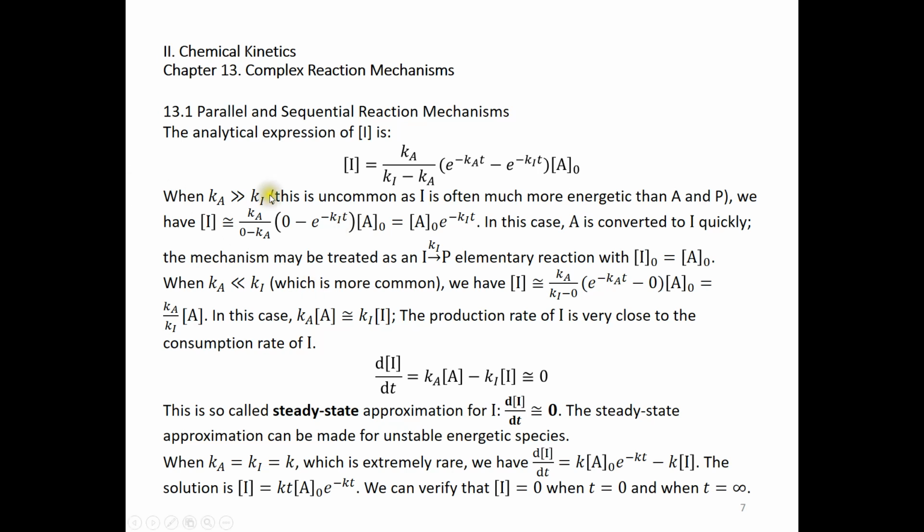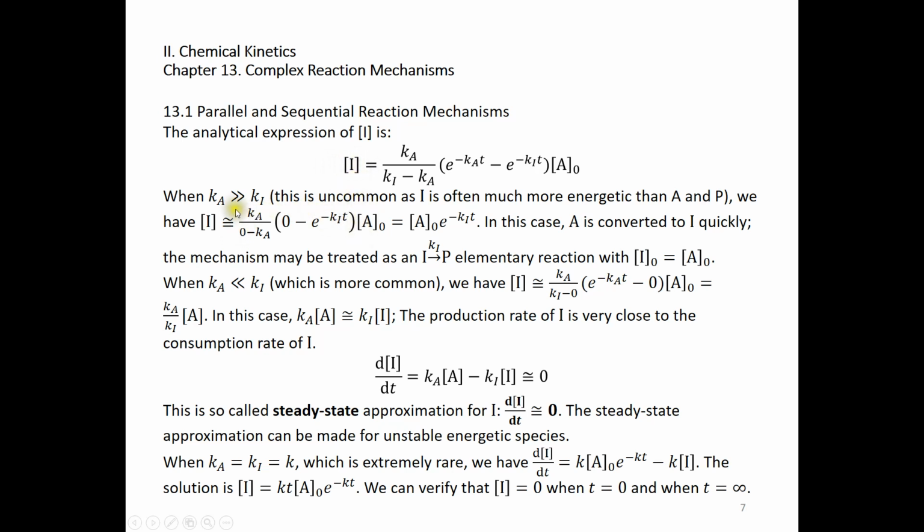One scenario is what if Ka is much greater than Ki? You get a negative denominator here, but this is also negative. So overall, I is still positive. I has to be either 0 or positive. The concentration cannot be negative.